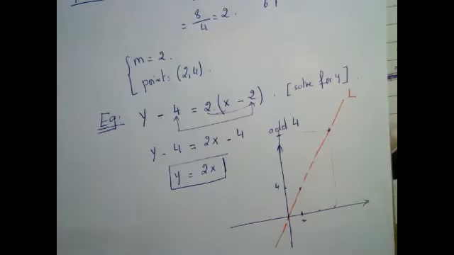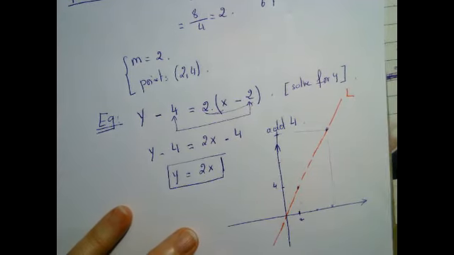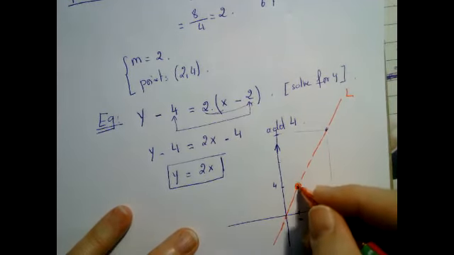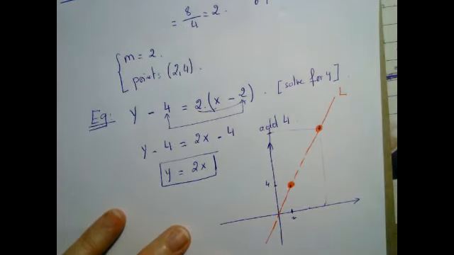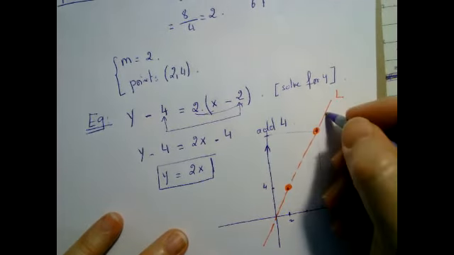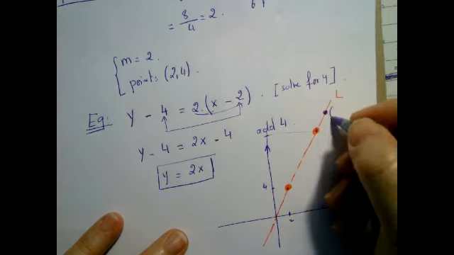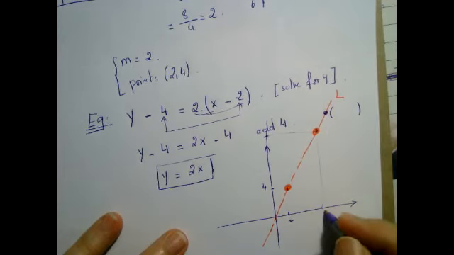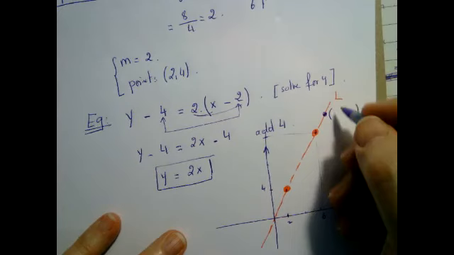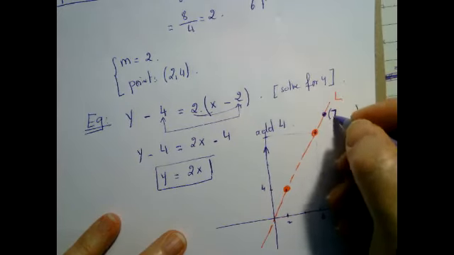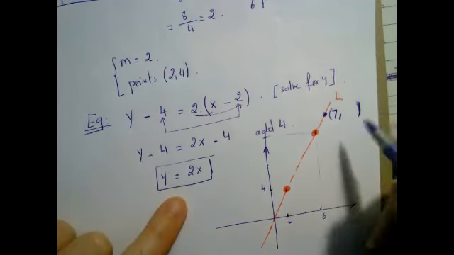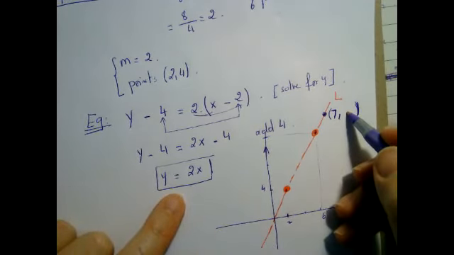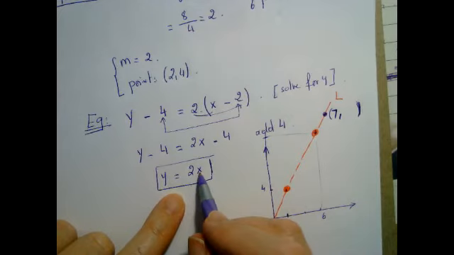So what's the benefit of the equation? Originally, I only gave you 2 points. The benefit of the equation is that if I give you any point on the line, suppose I give you a 7 here, to find the y coordinate I just plug in 7 for x.